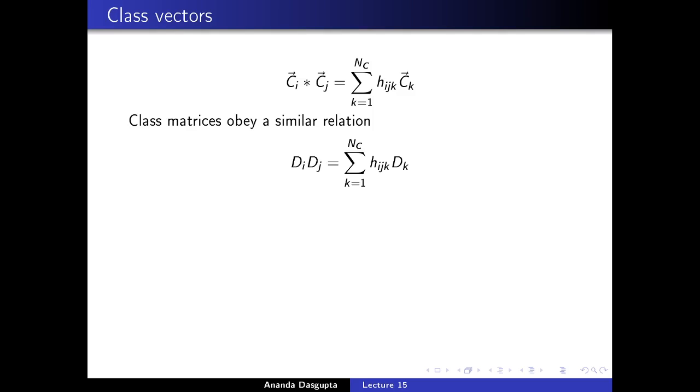And this immediately tells me that for an irrep, you are going to get lambda i alpha times lambda j alpha, which is what multiplies the identity for Di alpha, Dj alpha, must be equal to the sum over all k from 1 to the number of classes of h_ijk lambda k.